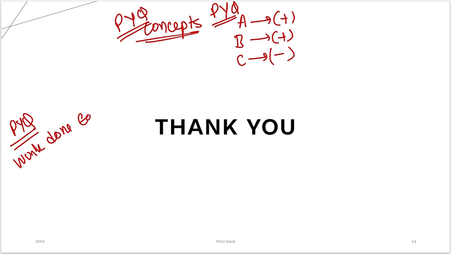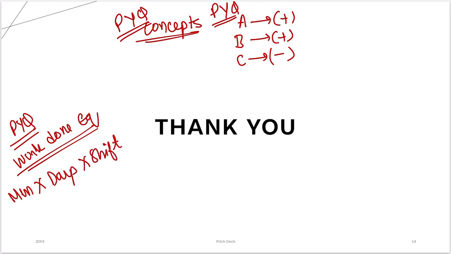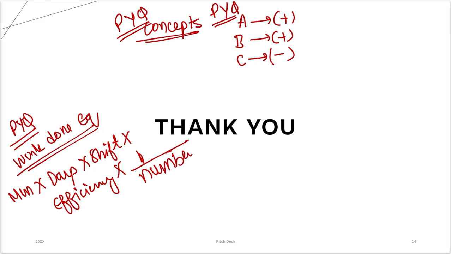And what will come in the numerator in the work done equation? Men. What else? Days. What else? Shift size. What else? Efficiency. But the thing they have to build will come in the denominator. That is the number of items, meaning the number of chairs they have to build.